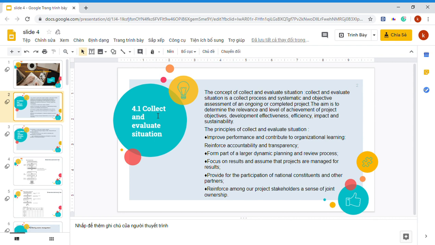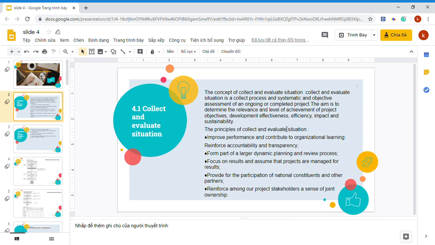The aim is to determine the relevance and level of project objectives, development effectiveness, efficiency, impact, and sustainability.